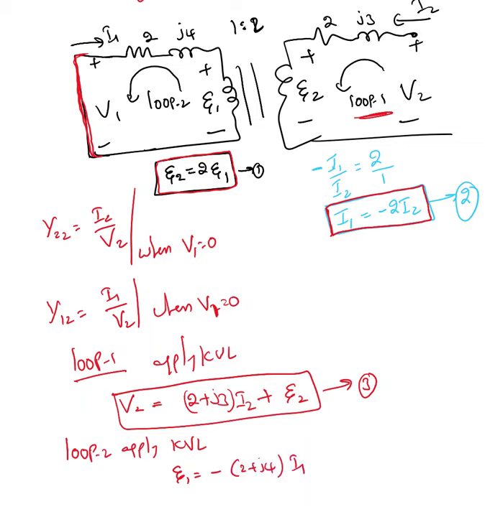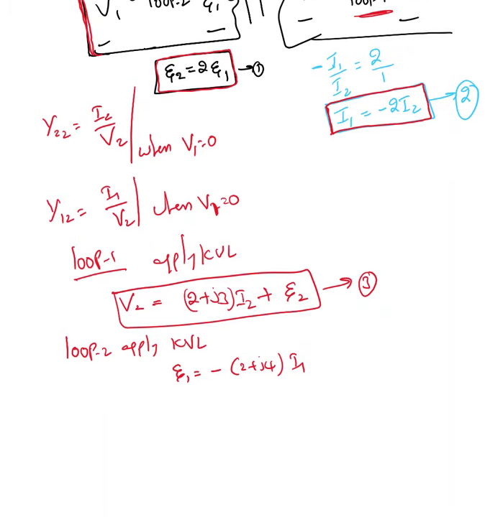Why am I taking minus? Because I1 is supposed to go in this direction, anti-clockwise, but I1 is going clockwise. That's the reason I end up with a negative. So that's my fourth equation.